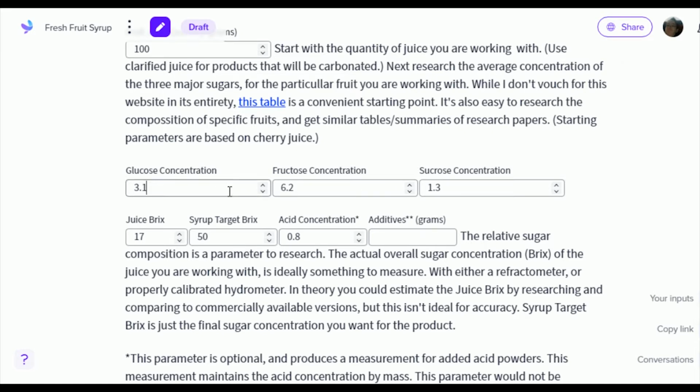And again, we're really not concerned with the overall numbers at this stage. We just want these composition numbers, which gets us a ratio.